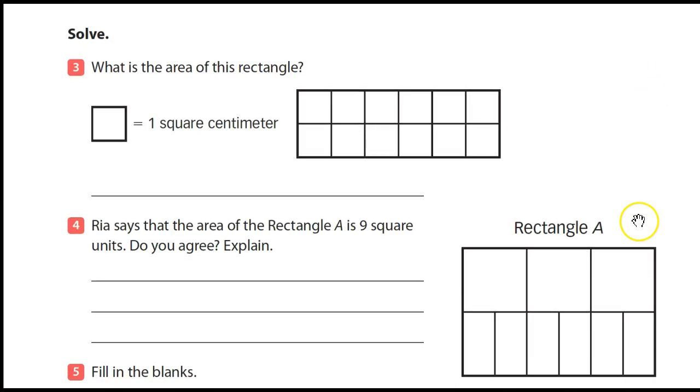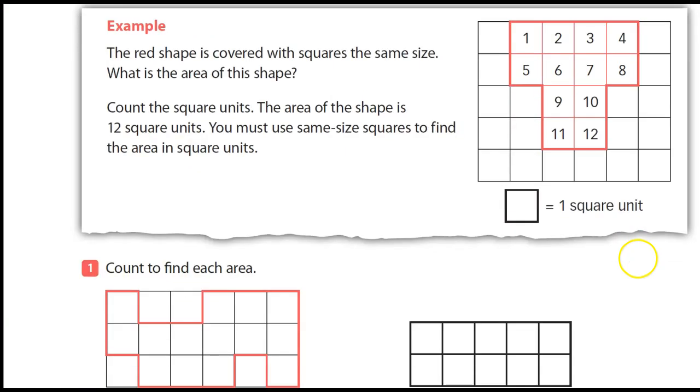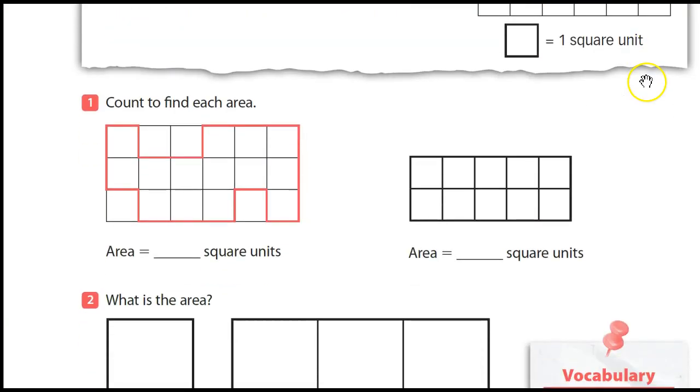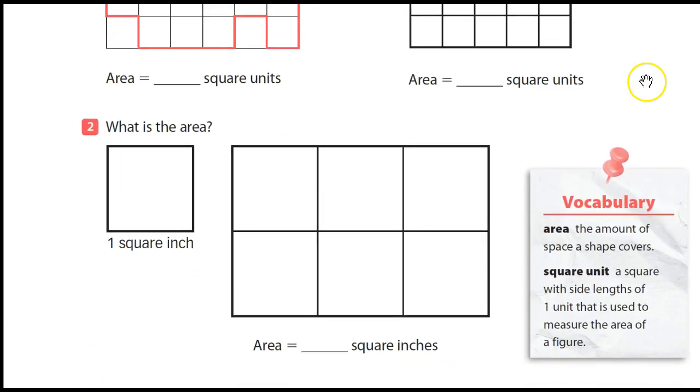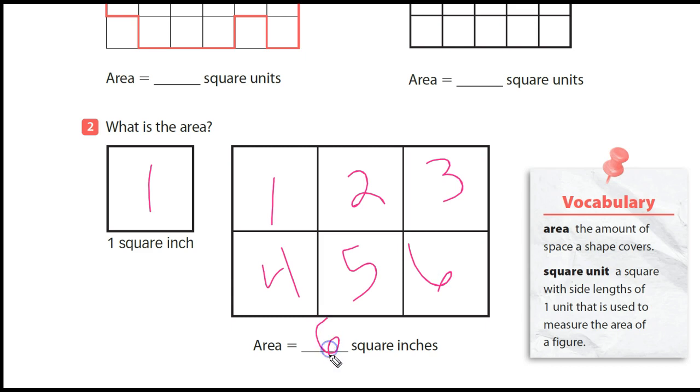Yeah, that one. Okay, all right. Sorry about that. So what's the area for this big one right here? Okay, the area, it says the area for each square is 1, right? So then it's 1, 2, 3, 4, 5, 6. So the area is 6 square units.